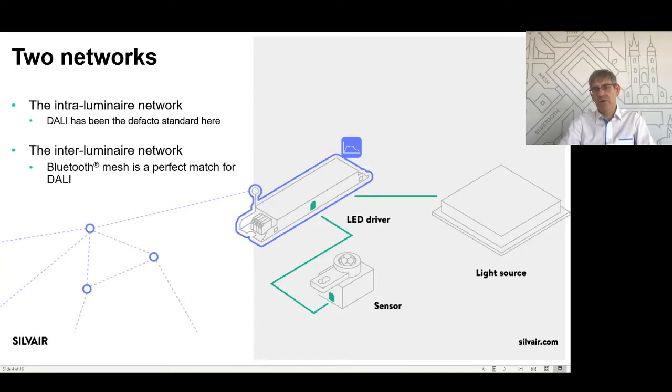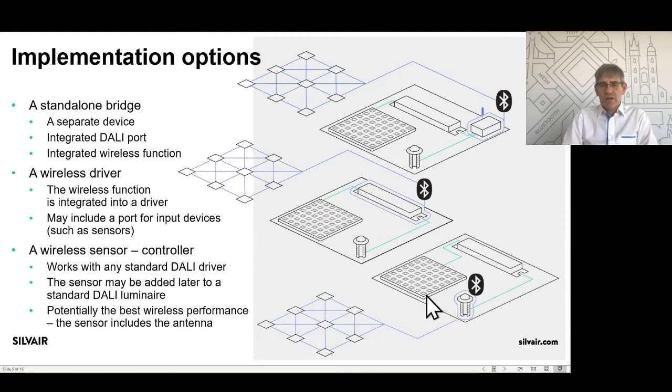It all started in Europe, then became very popular in Asia, and as we will see in this presentation it is now invading the American market. The other network interconnects luminaires into a lighting system. We call it the inter-luminaire network, and Bluetooth Mesh here is the perfect match for the intra-luminaire DALI network.